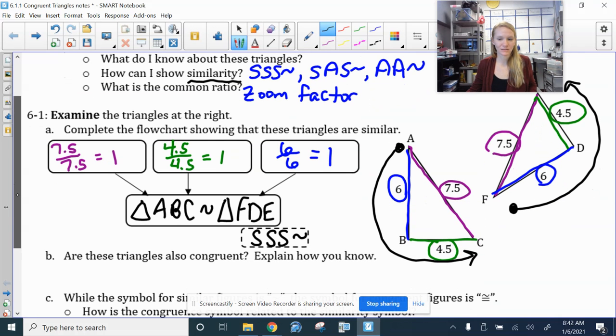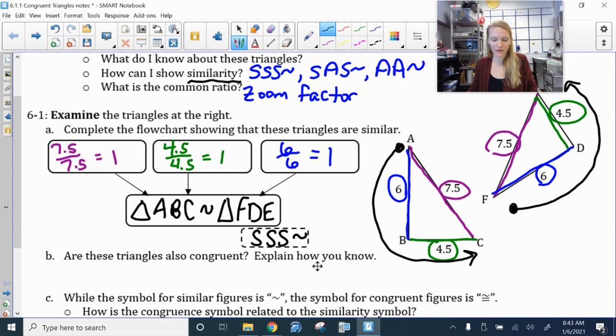Then it says, are these triangles also congruent? Well, if they're similar and their ratio is 1, does that mean they're also congruent? Yes. That was our definition from a while ago, and I think that's the top thing on our blue sheet that we'll fill out in a little bit, as a review from first semester.